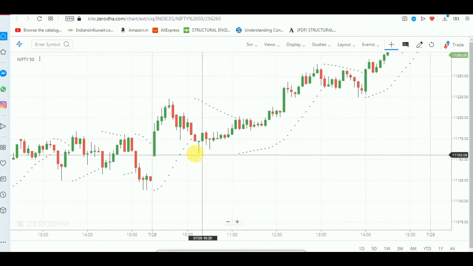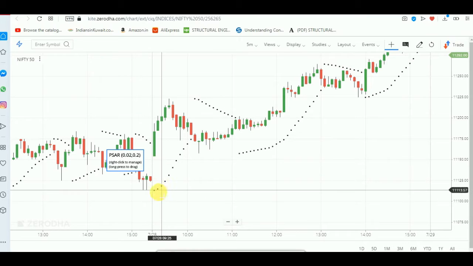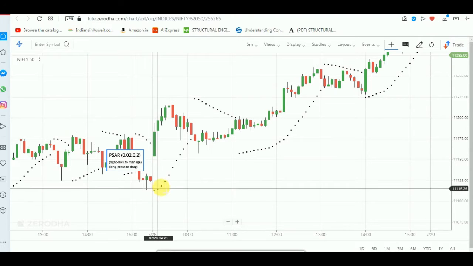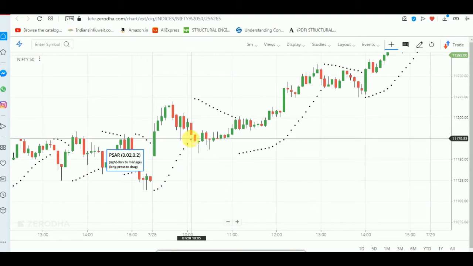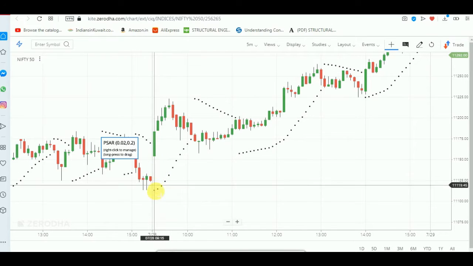Basically, what traders used to do, this is some special kind of indicator, if you ask me, because as it starts moving like this, you can see it keeps on increasing from the bottom to the top. It slowly keeps moving along with the price.